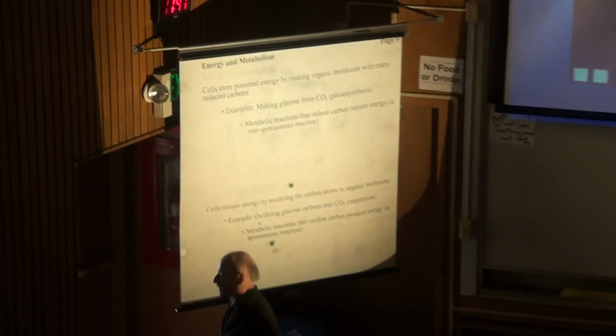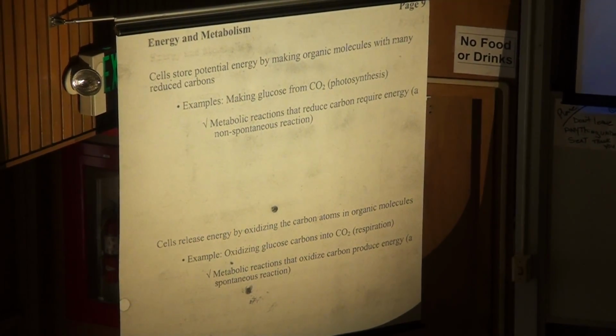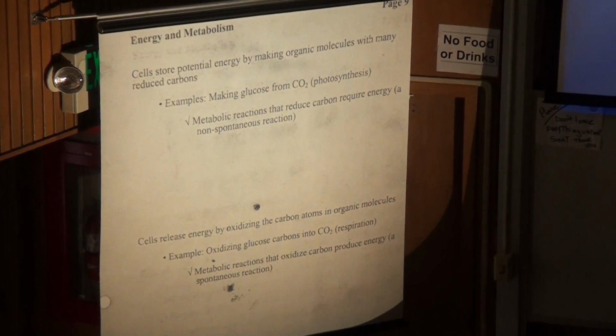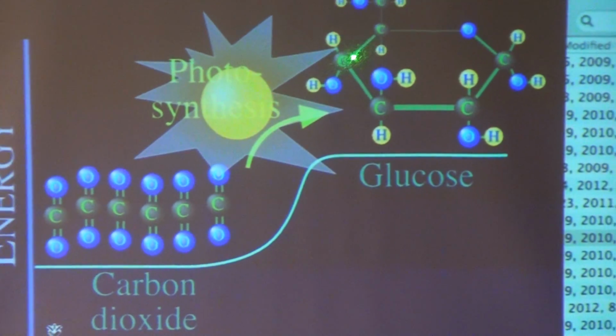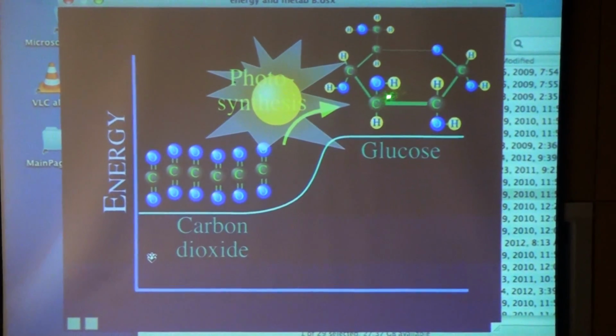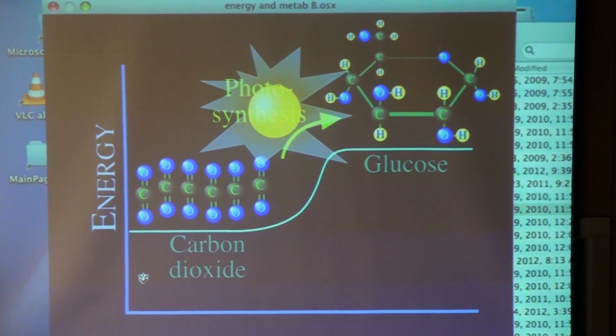Or maybe a better way of phrasing that would have been, the cells can create molecules with more reduced carbons than the starting molecules, because then you are storing up potential energy in those covalent bonds, in those carbon-hydrogen and carbon-carbon bonds that used to be just plain old low-energy carbon-oxygen bonds.